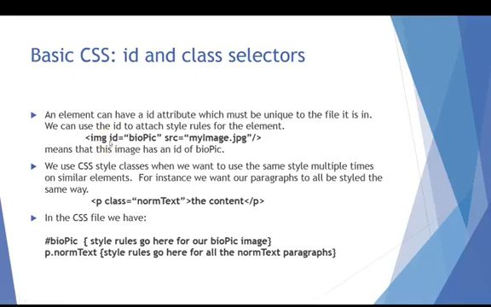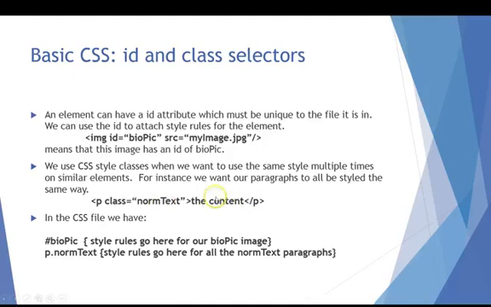I can also use what's known as a class selector. And so the paragraphs that I'm going to have in my bio, I might want them to all have the same class, so they're styled the same way. So here's an example of one way to do that. So I would say paragraph, then class equals normText. Again, notice the camel case there.